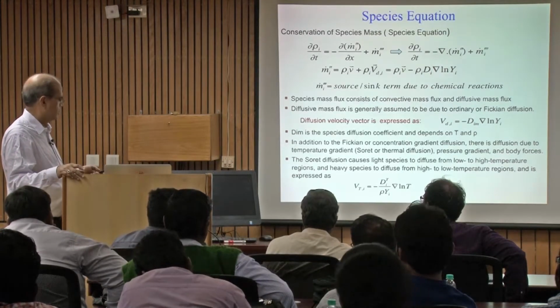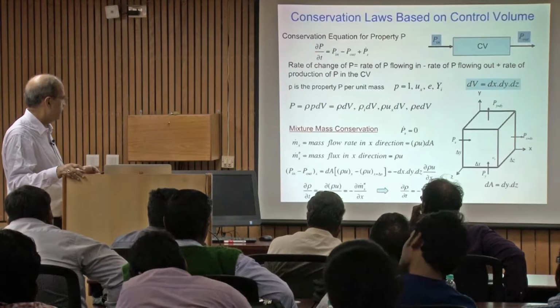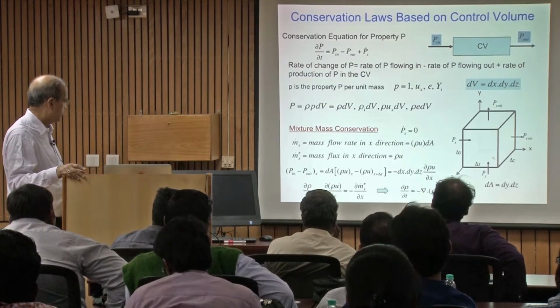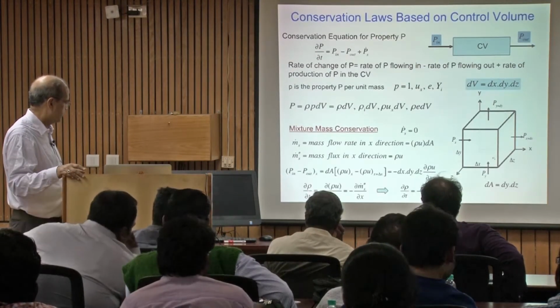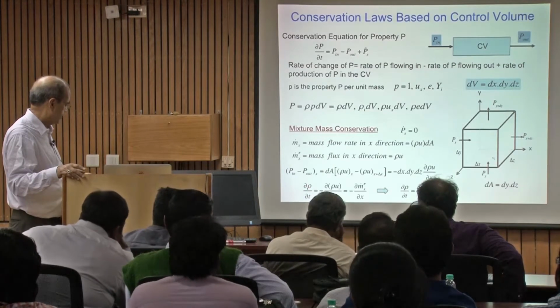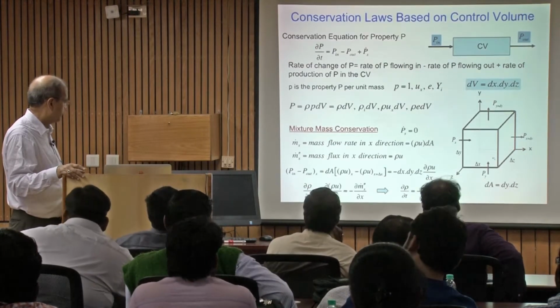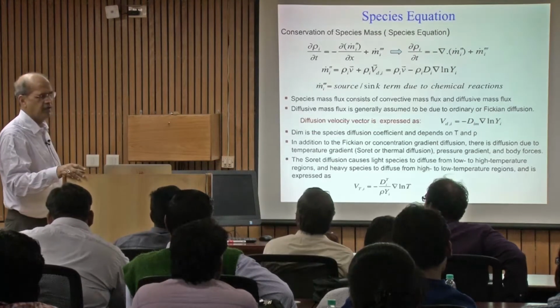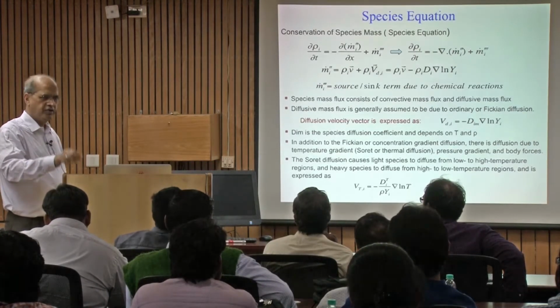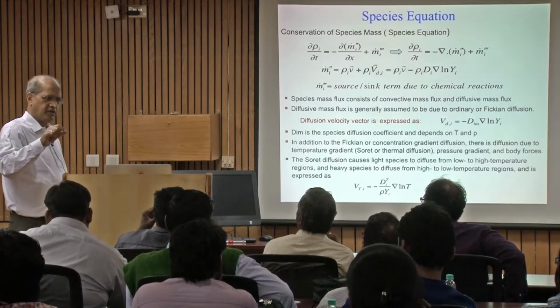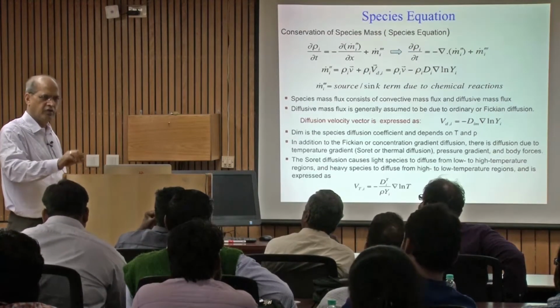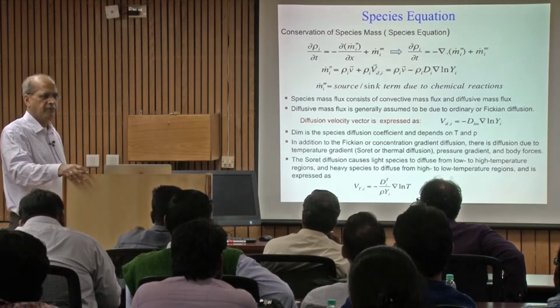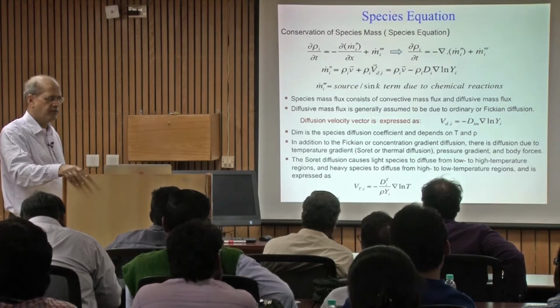In the mixture continuity equation, your mixture mass equation, and in the species equation, you have rho I, which is replaced by rho times yi. So, consider that equation for yi instead of rho I. Okay. So, we solve that equation, we get mass fraction of every species.